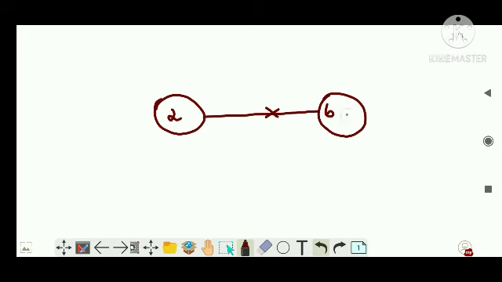If the 6 kilogram mass is moved 2 meter towards the right, by what distance should the 2 kilogram mass be moved so that the center of mass remains here itself? Again, the question is the 6 kilogram mass is supposed to be moved to the right by 2 meter.